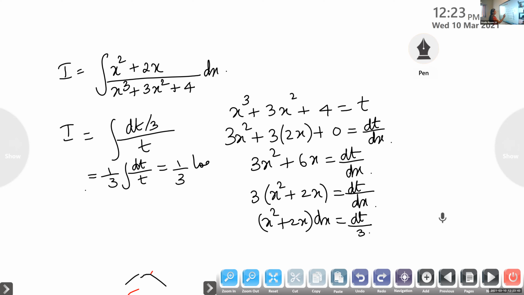It is log t. So it is 1 by 3 log of t, where t is x cube plus 3x square plus 4, plus c. So 1 by 3 log of (x cube plus 3x square plus 4) plus c.